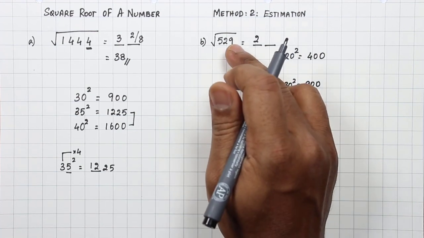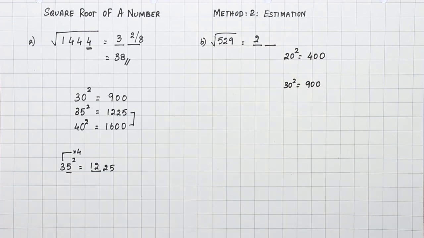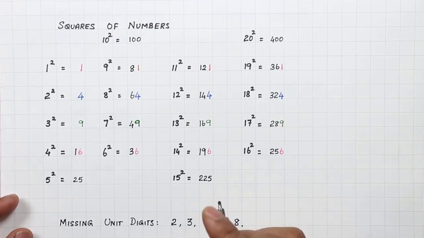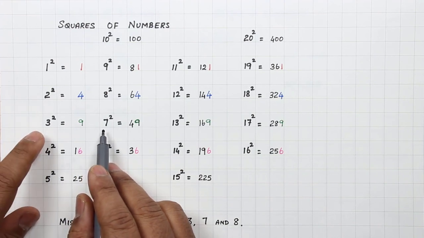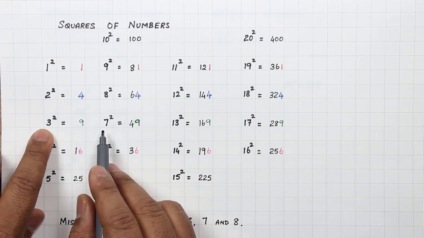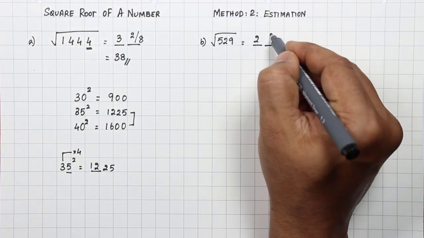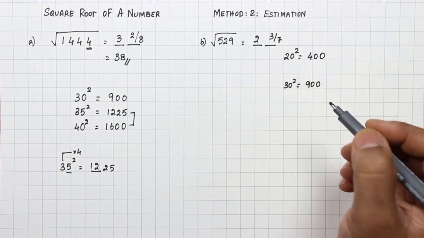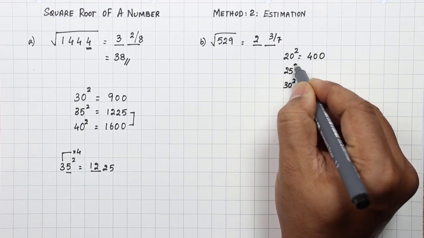Now since the number is ending with 9, the square root of this number will have a units place of either 3 or 7. Now take a number in between 20 and 30 and square it, which is 25 squared.